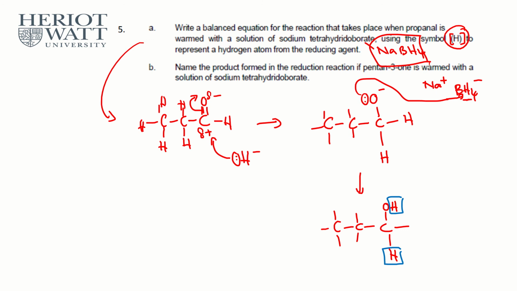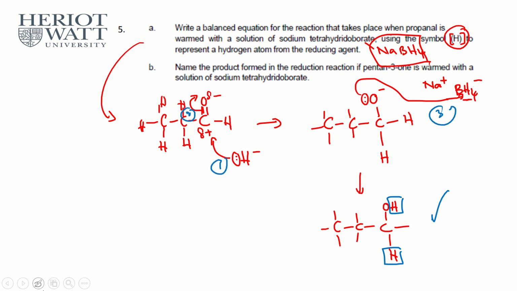Now, if you want to reduce an aldehyde or a ketone back into an alcohol, of course, we need to put back the two hydrogens at the same place where we removed them just now during the oxidation. So this is how it looks like, and you will get a primary alcohol. So this is the alcohol that they want. So this is in terms of mechanism with curly arrow number 1, curly arrow number 2, curly arrow number 3, right?